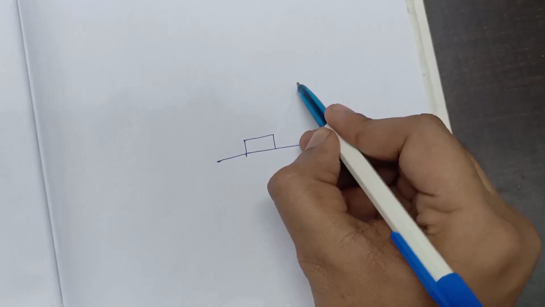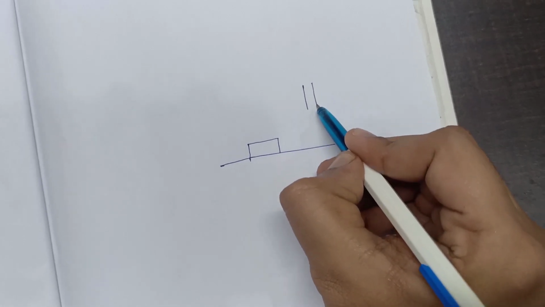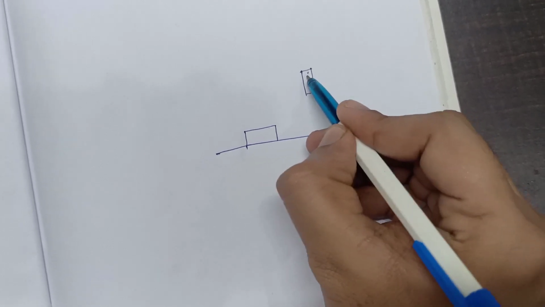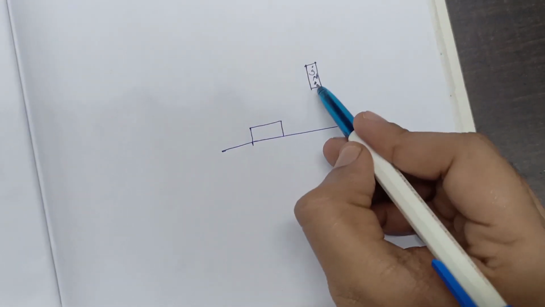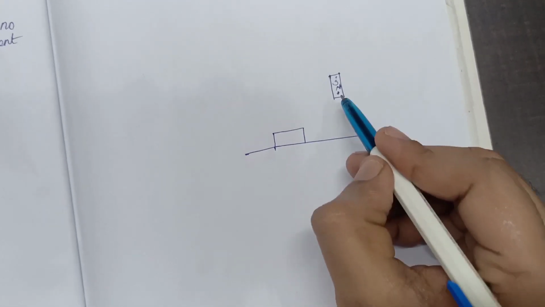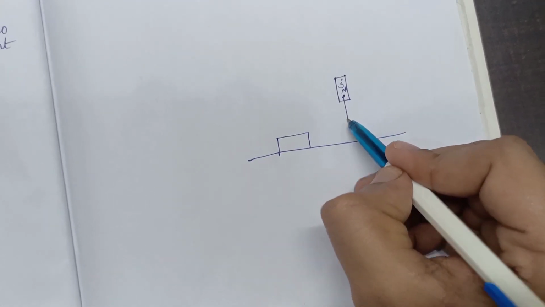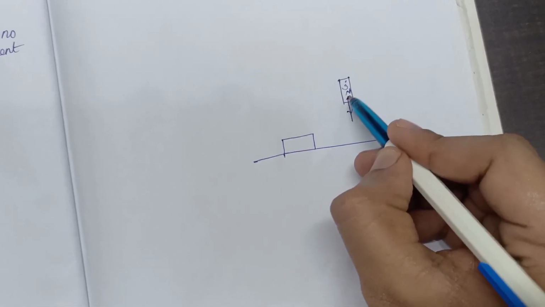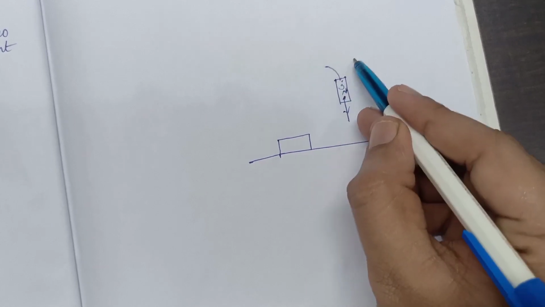Whenever a magnet is brought closer to the water surface, for example, this is the North Pole and let this be the South Pole. When this North Pole of the magnet is brought closer to the surface, the magnetic field lines will start from the North Pole and end at the South Pole like this.